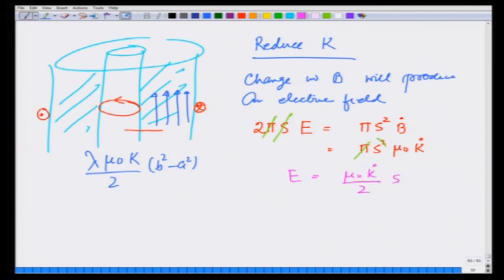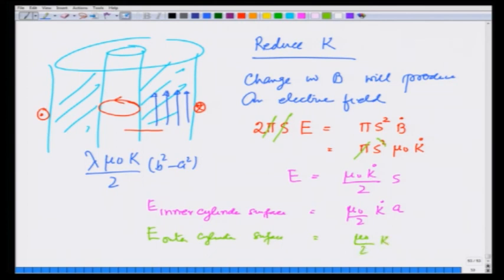That is the electric field produced. So, electric field at the inner cylinder surface is going to be mu 0 over 2 k dot a, and E at the outer cylindrical surface is going to be mu 0 over 2 k dot b.